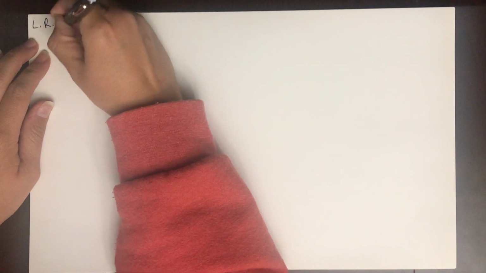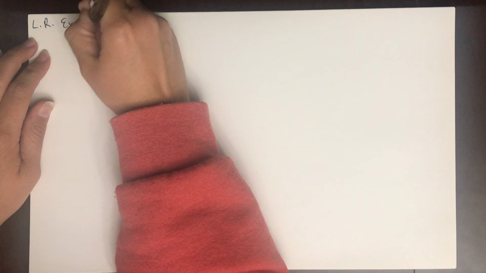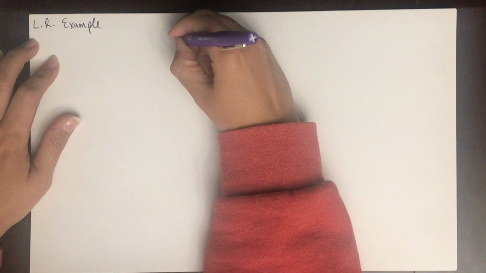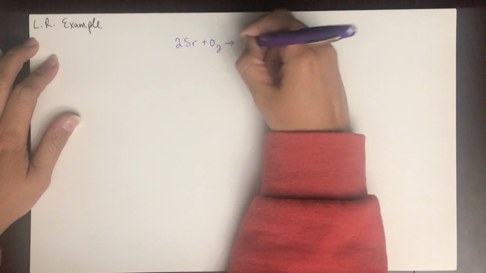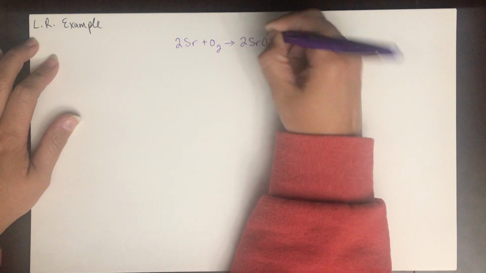So this was the formula that we did in the last video. We had 2 moles of strontium plus oxygen produces 2 moles of strontium oxide.